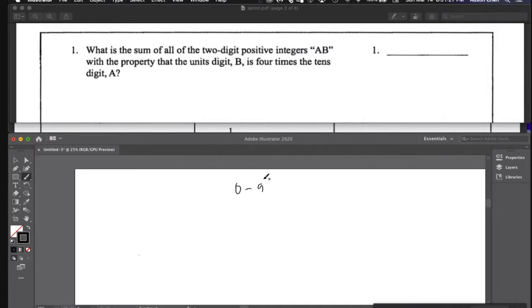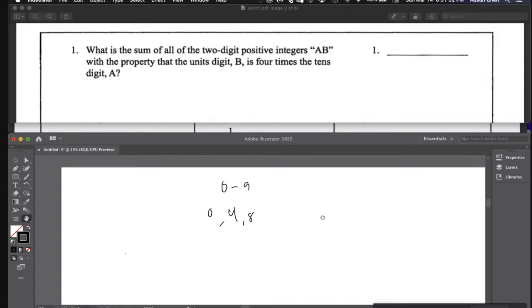And A is also a digit. Basically, the units digit B can only be 4 or 8, or 0, I guess, because these are the only integers between 0 and 9 that are the product of 4 and another integer between 0 and 9.